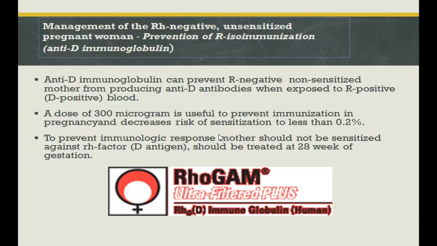A dose of 300 micrograms is useful to prevent isoimmunization in pregnancy and decreases the risk of sensitization to less than 0.2%. To prevent immunologic response, the mother should not be sensitized against the rhesus factor. The antigen should be given at 28 weeks of gestation.